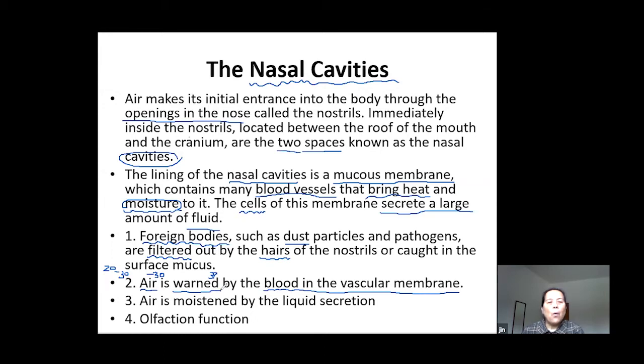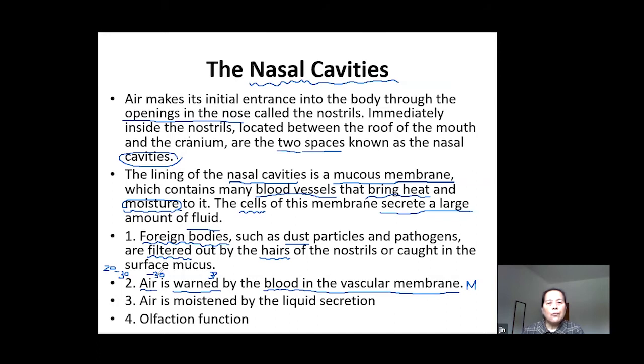So we need to warm the air first. That's why we respire through the nose. We are not encouraging people to respire through the mouth. The mouth has special functions, but mainly we respire through the nose.